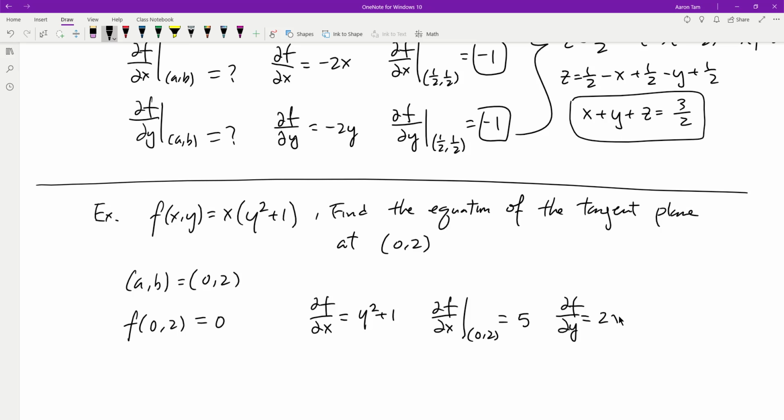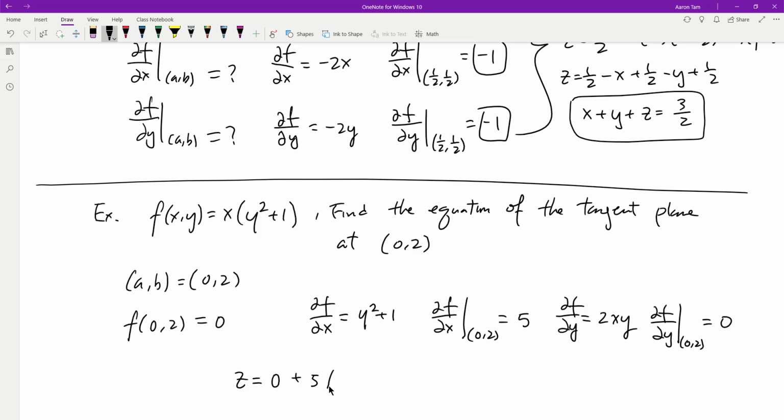df over dy would equal 2xy, because the derivative of y squared plus 1 is 2y, multiplied by x. And df over dy evaluated at 0, 2 will equal just 0, because you have x then.